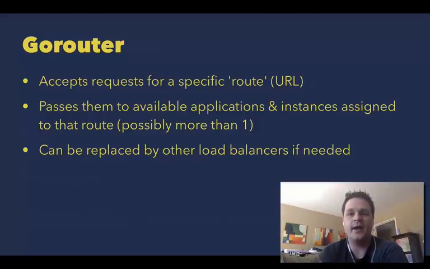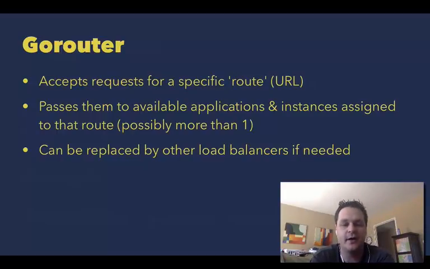Further, we also need a way to take requests in from the outside world and then send them off to an application that's handling that particular URL. Now, it's entirely possible that I might have just one copy of that application running, but it's more likely, especially with modern applications, that I would have multiple copies running to handle things like additional load or failure scenarios.